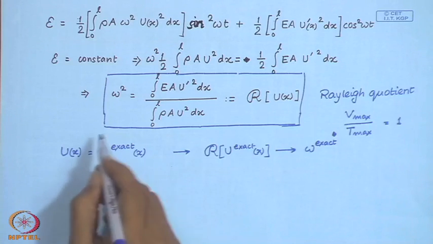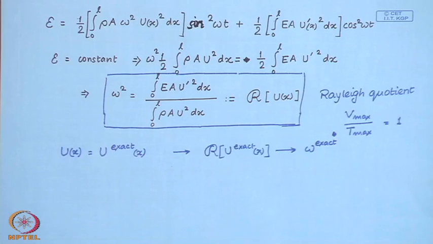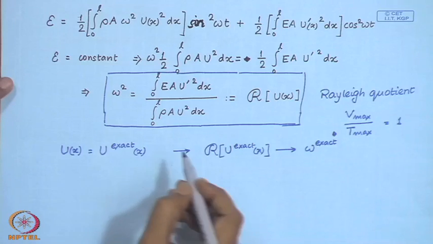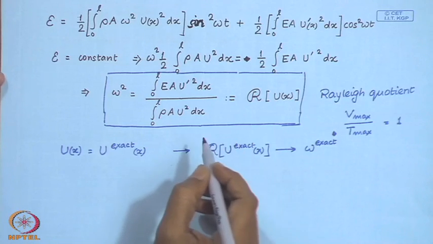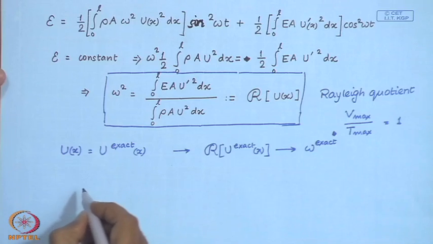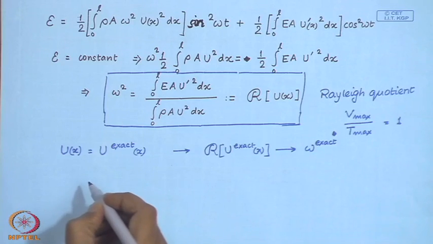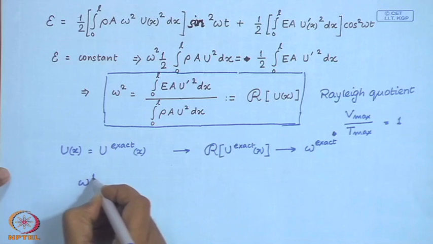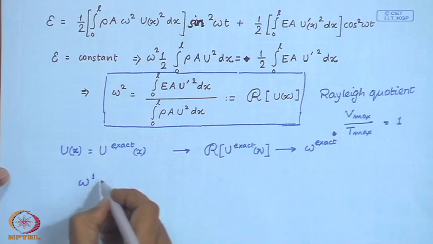So, in that case, how do we use this Rayleigh quotient? Usually what is done is we try to minimize this Rayleigh quotient. And by minimizing the Rayleigh quotient, we obtain the fundamental frequency.